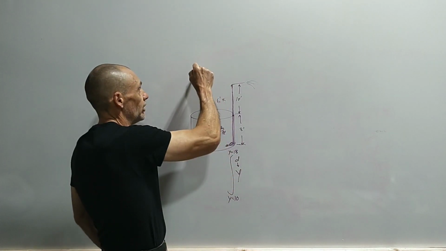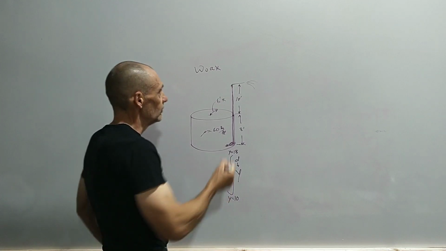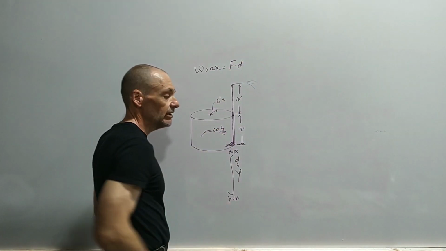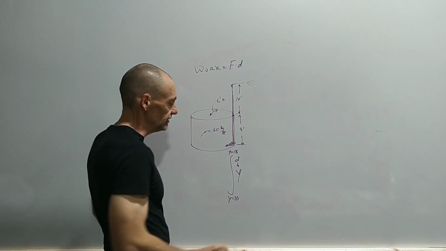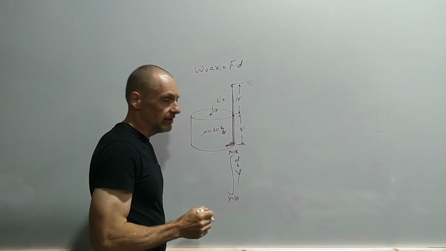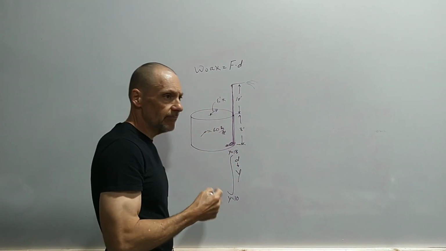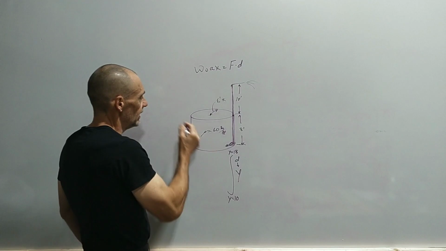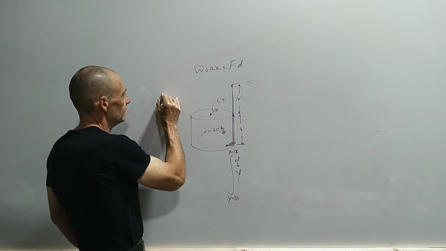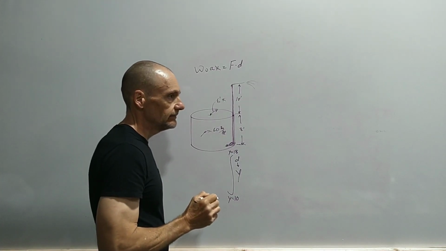Now, we want the work required to pump this fluid out. That's what we're after. And work is force times distance, okay? It's a pretty simple relationship. So we got the distance. All we need now is the force, and we're good, okay? Now, force, pounds force, is going to be volume times density, okay?